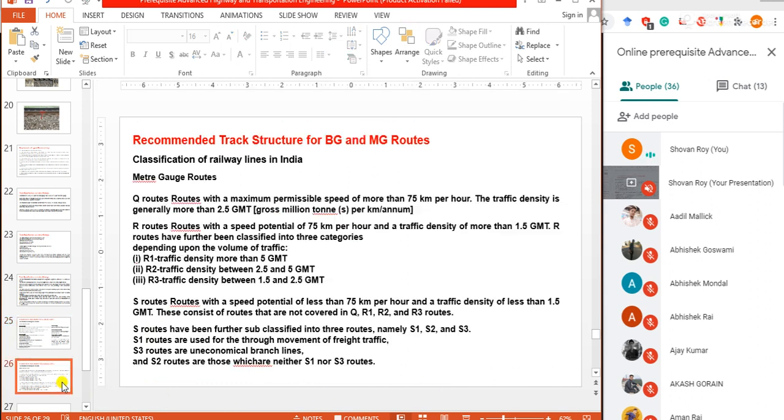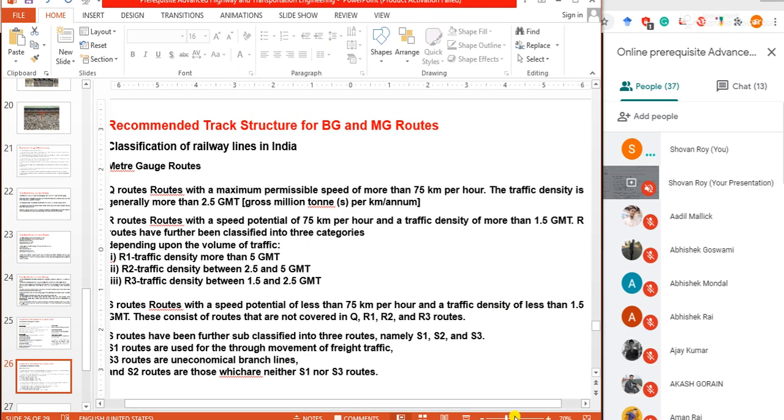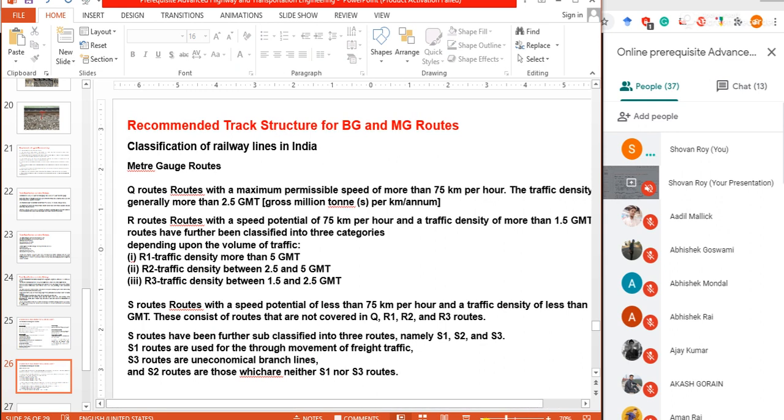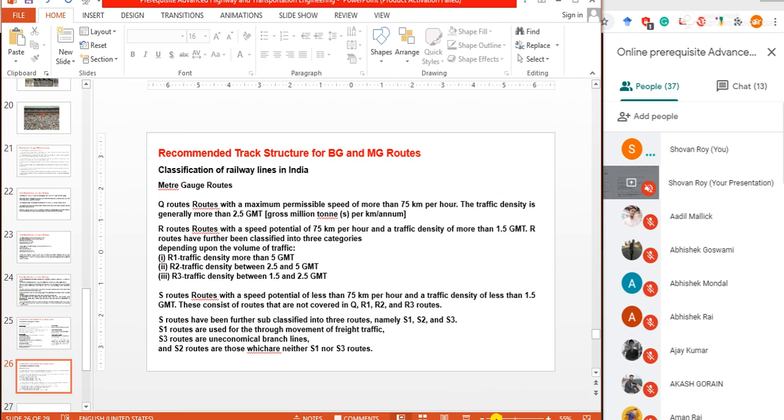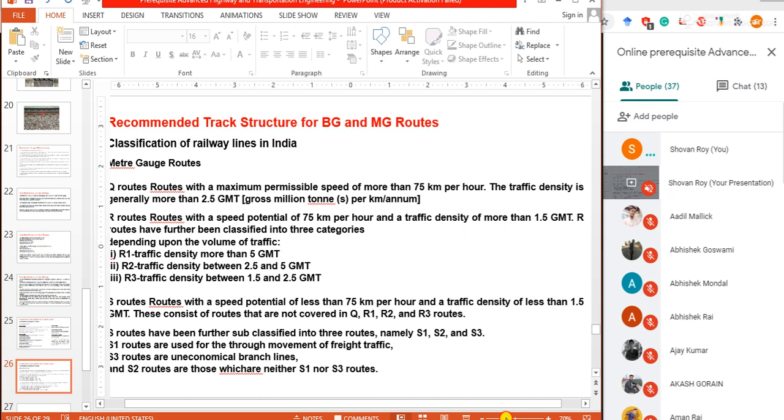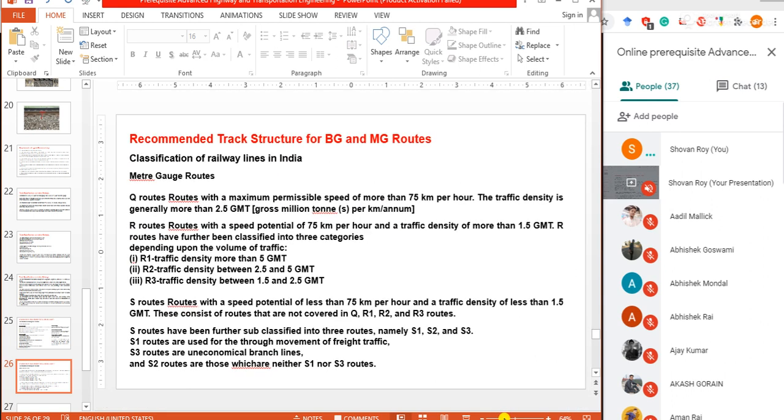Next, meter gauge routes. Okay, the recommended track structure for meter gauge routes in Indian Railways. Q routes are routes with a maximum permissible speed of more than 75 km per hour.